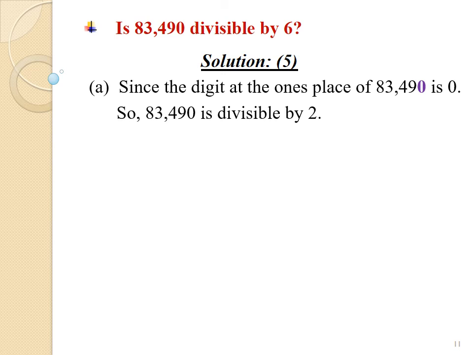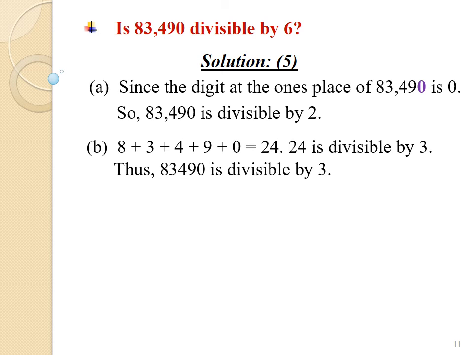Adding them, we get 24. 24 is divisible by 3, or 24 is a multiple of 3. So, 83,490 is divisible by 3. As 83,490 is divisible by both 2 and 3, 83,490 is also divisible by 6.